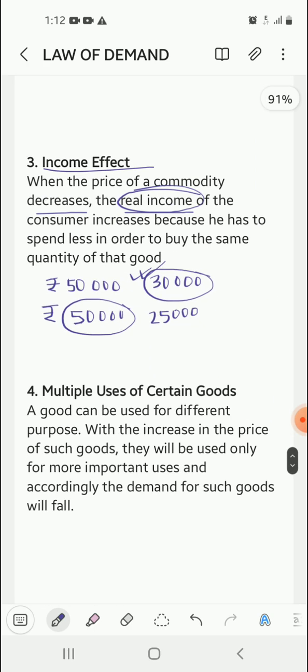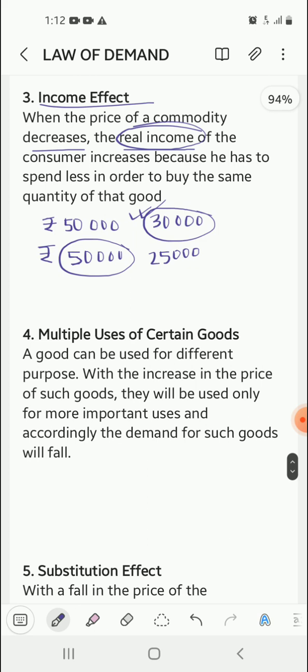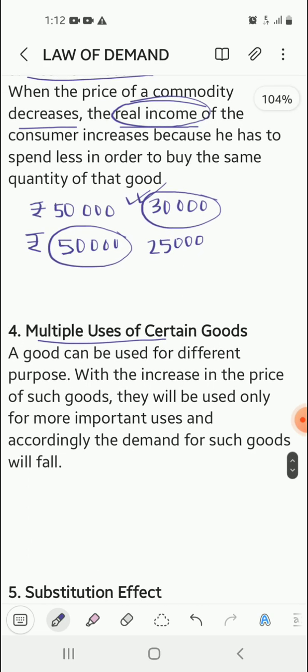Now, the next point is multiple uses of certain goods. That is, there are certain goods which can be used for different purposes. For example, water. It is used for our daily purposes, domestic purposes, sanitation, and also for generation of hydroelectricity and so on.